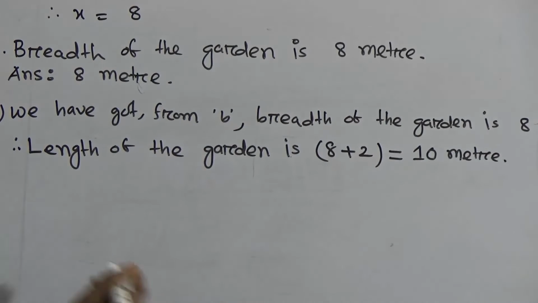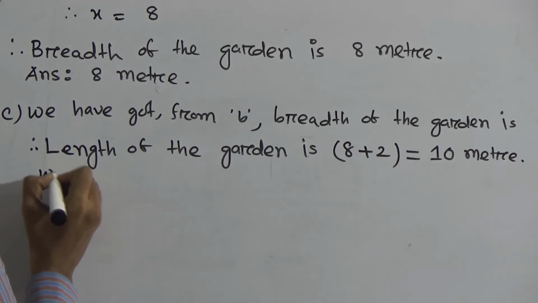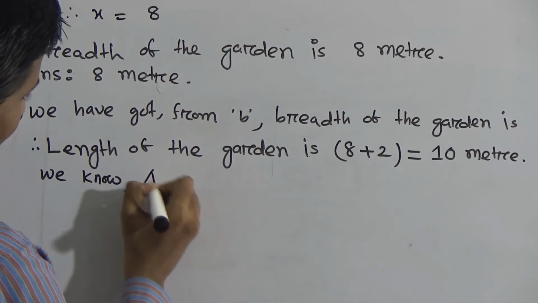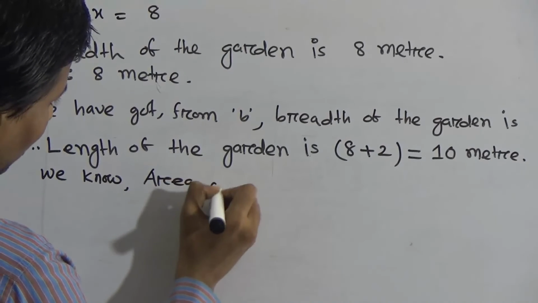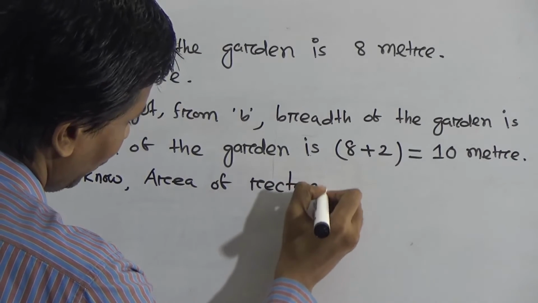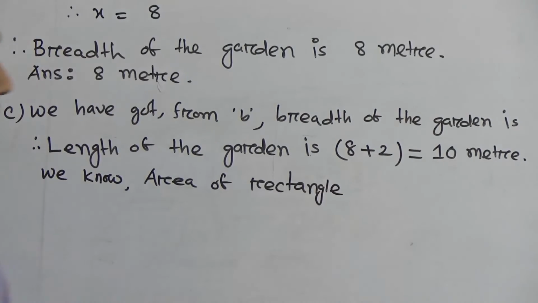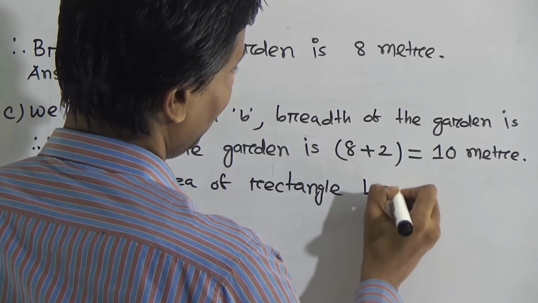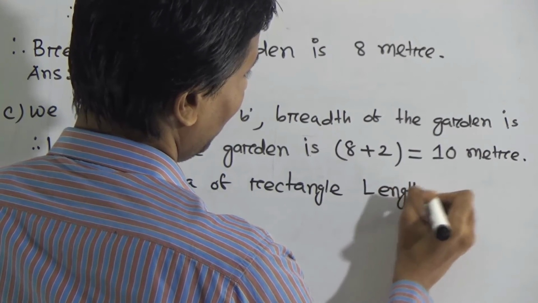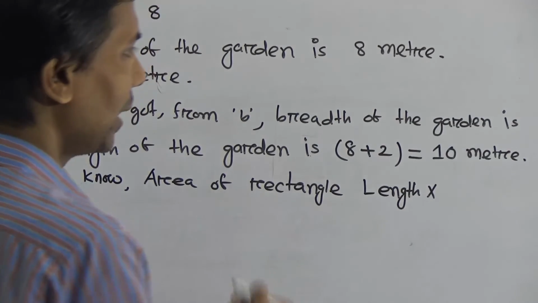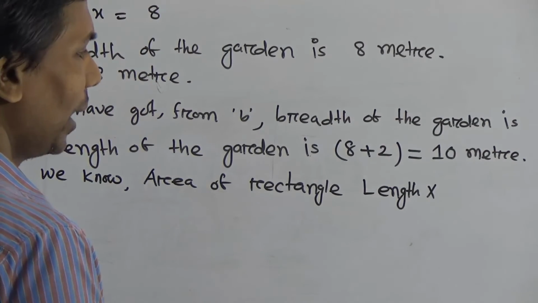So we know area of rectangle is what? Length into width, or breadth. As there is written breadth, so I have written breadth.